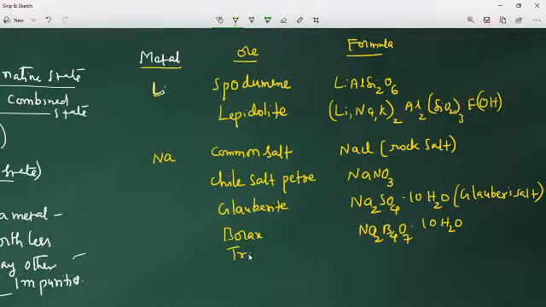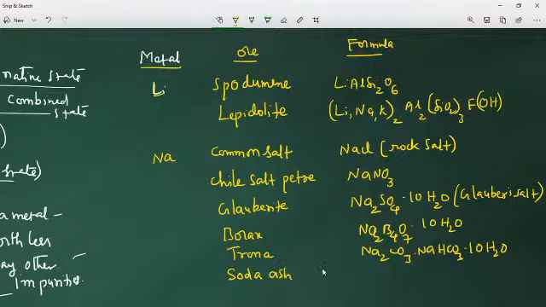Another one is trona, which is a mixture of sodium carbonate and bicarbonate, that is Na2CO3 NaHCO3 and 10H2O. The next one is soda ash, that is Na2CO3.